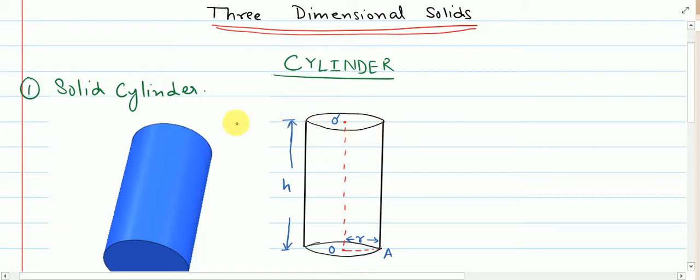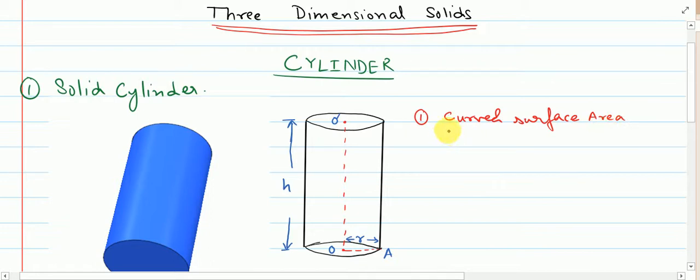So let us discuss the solid cylinder. Firstly we will discuss the solid cylinder. We'll have the following formulas. The first one is for the curved surface area.